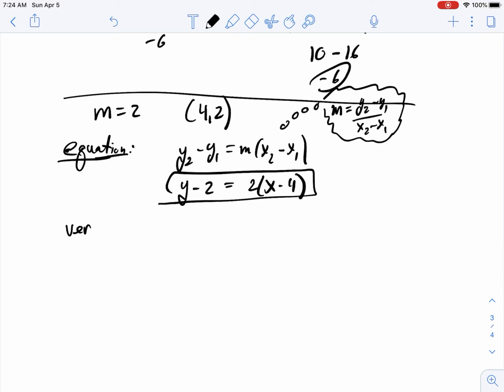I do like, yes, vertex form. It is a form, not an equation, but basically you're just writing that over.